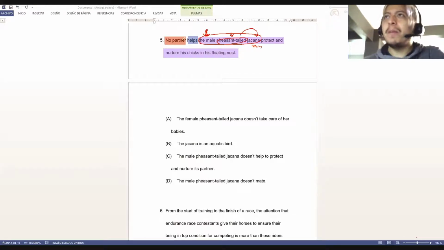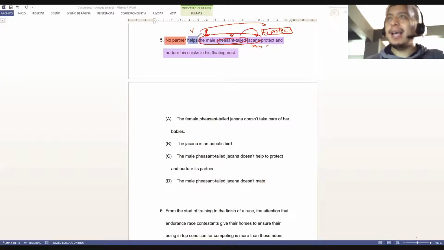We know that no partner helps the male jacana. Okay? What is a male jacana? I don't know, but no one helps the male jacana to protect. Helps to protect. Remember that in this case, protect is to protect. It's an infinitive. It's a verb complement. The real verb is help.